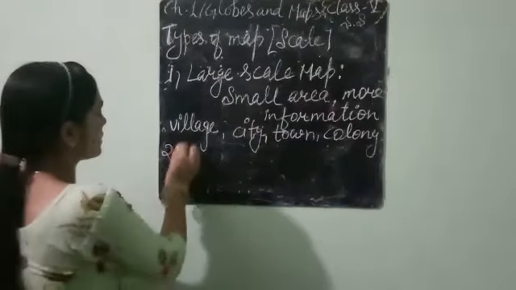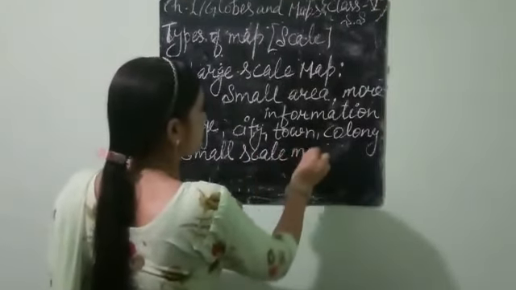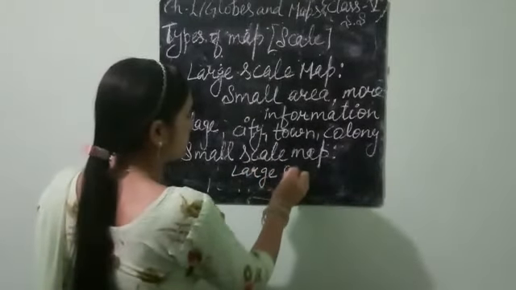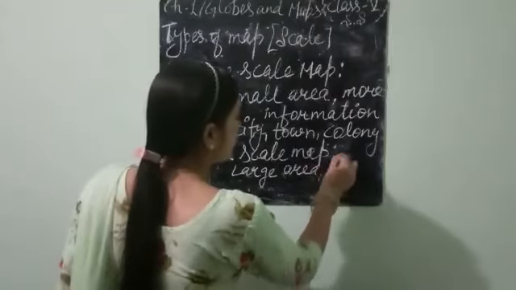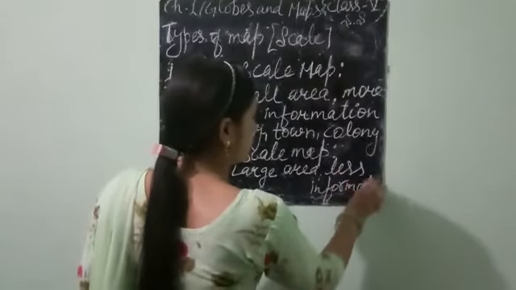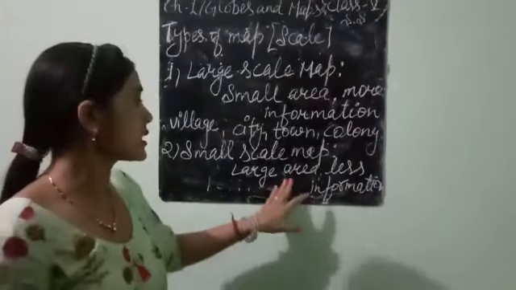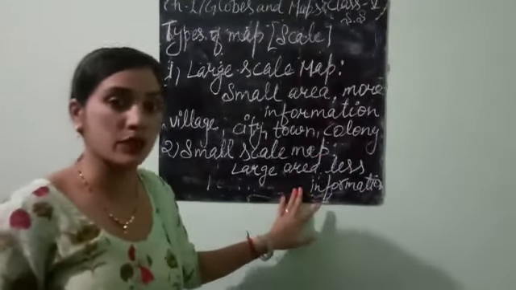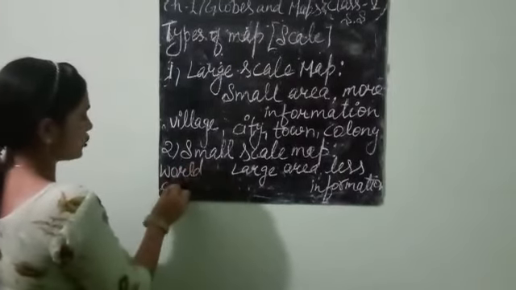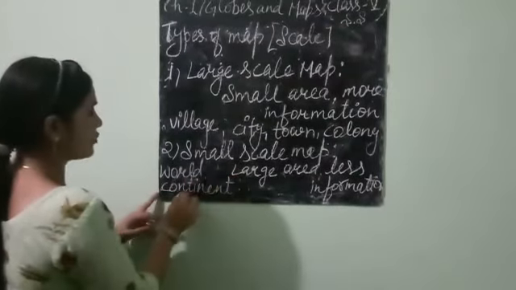The second type is the small scale map: large area, less information. This means these types of maps are drawn for a large area but they provide us less information. For example, the map of the world, any continent, the map of any country.